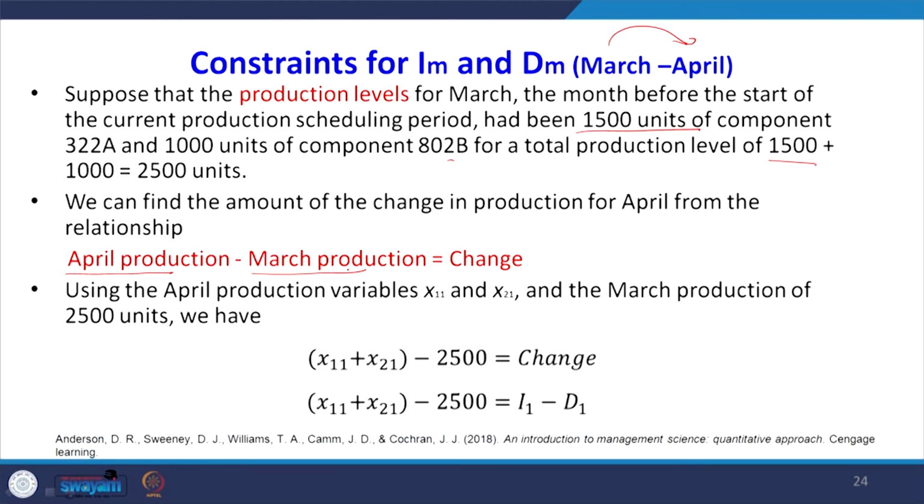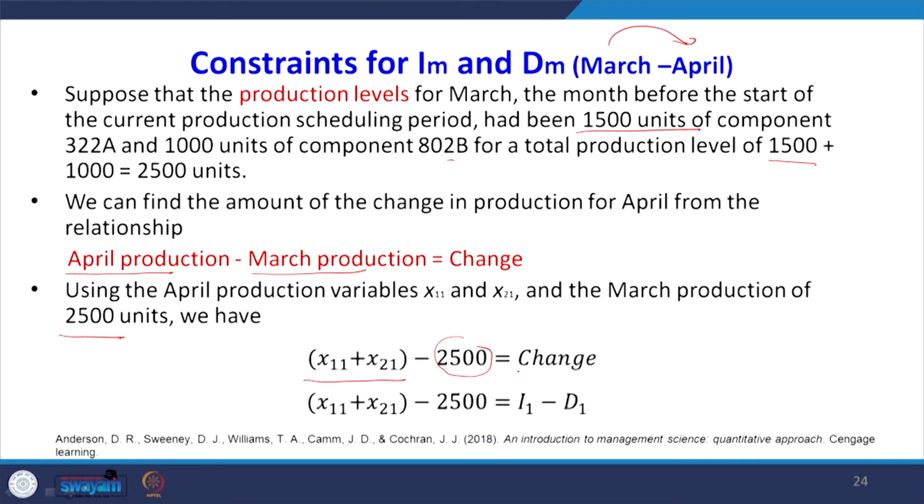Using the April production variables x11 and x21 and the March production of 2500 units, because this is given for March. So, April production is x11 plus x21, and the March production is 2500. This difference is the change.